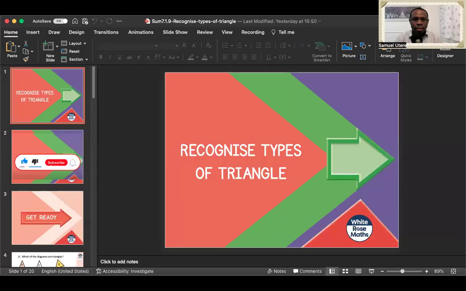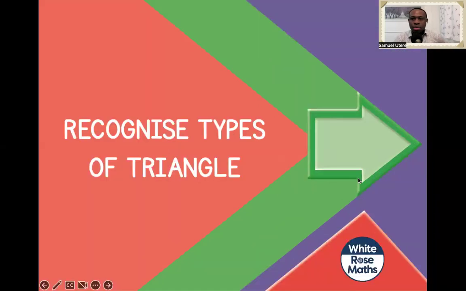Welcome to Block 1, Constructing, Measuring, and Using Geometric Notation. Lesson 9. I'll share my screen. So, in your previous lesson, you learned how to recognize and use parallel and perpendicular lines.